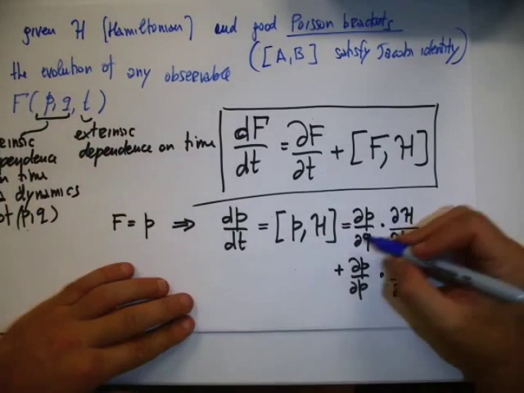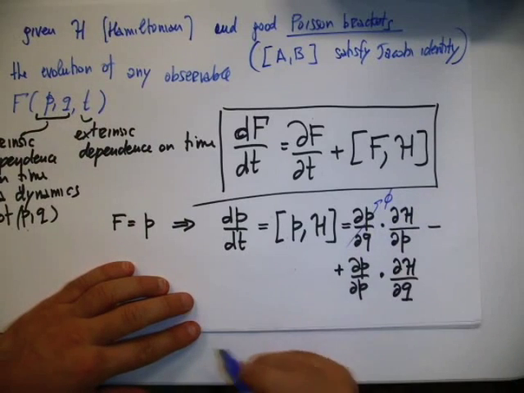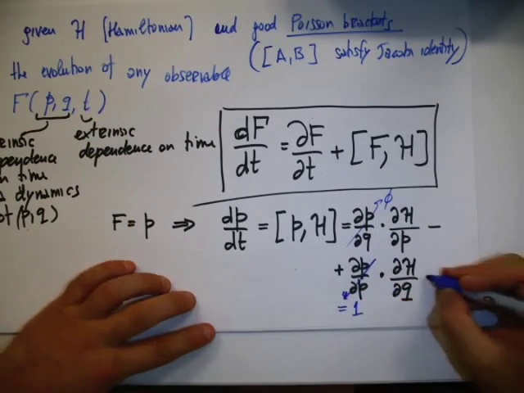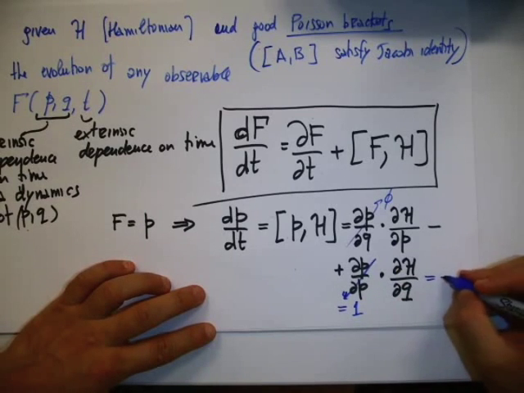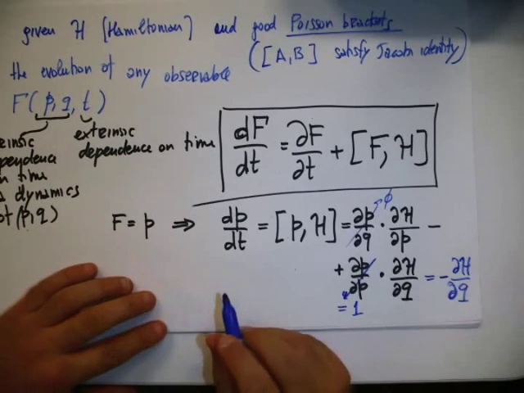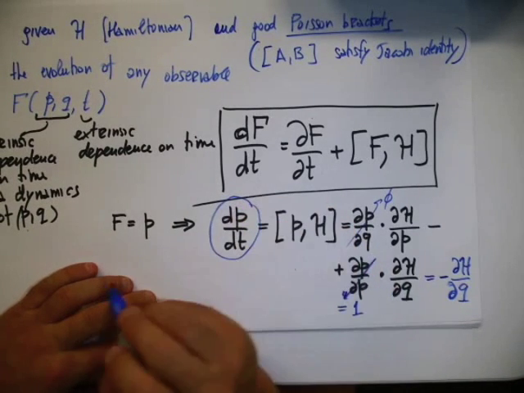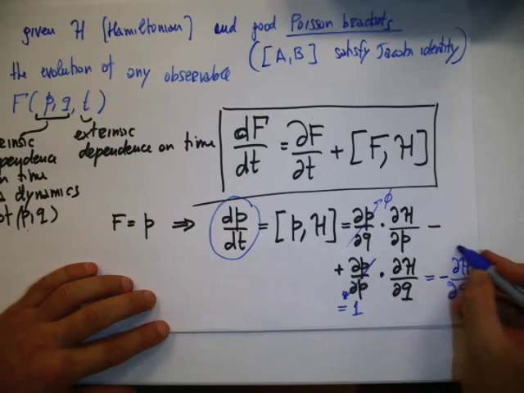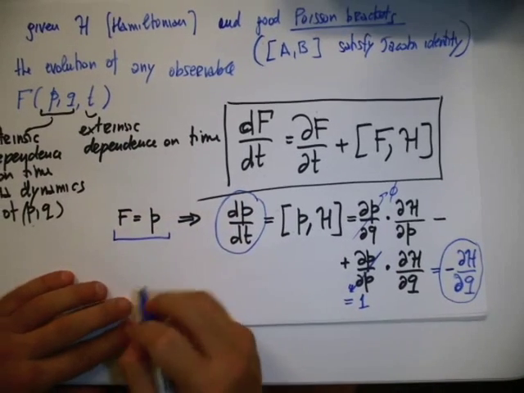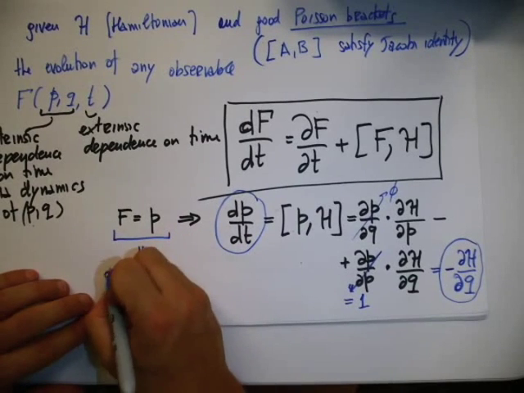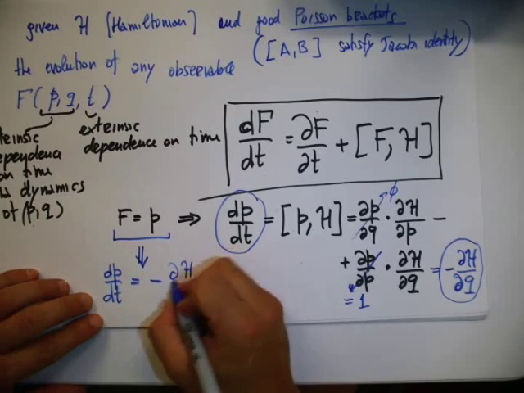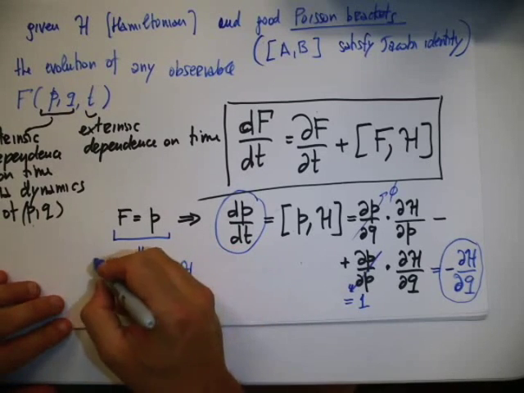But this is equal to 0, this is equal to 1, so this is equal to minus dH dQ. So for this observable, we derive dP dt equal minus dH dQ.